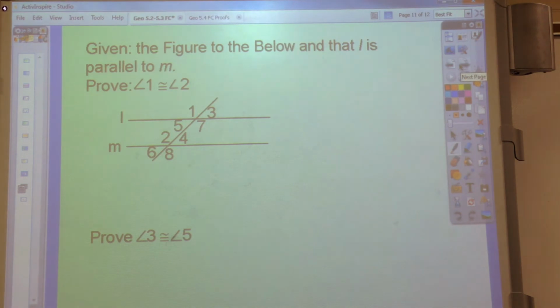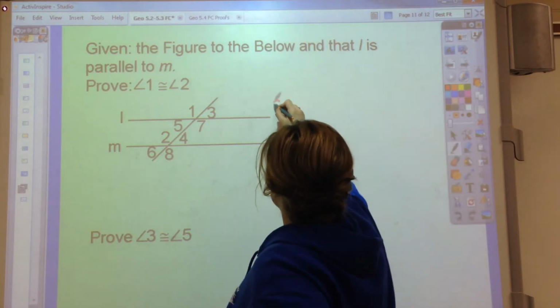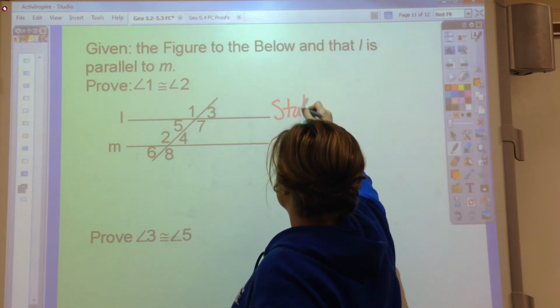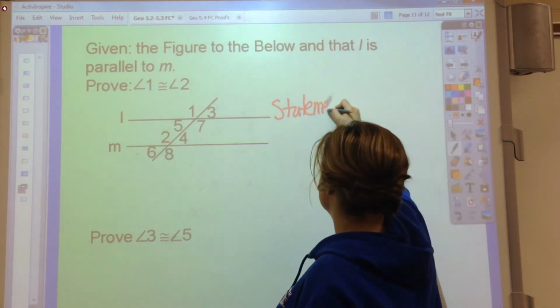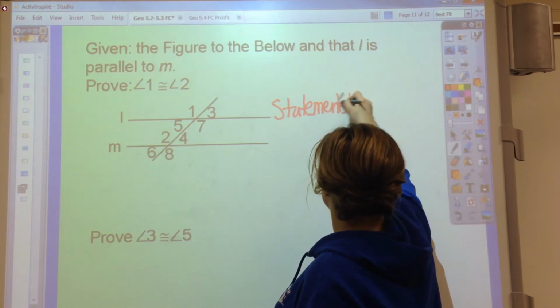All right, we want to look at this transversal right here, and we're given that L is parallel to M, and we want to prove that angle 1 is congruent to angle 2. Now, I'm going to go ahead and start writing, and you look in your book and see if you can find what theorem or definition gives us that.